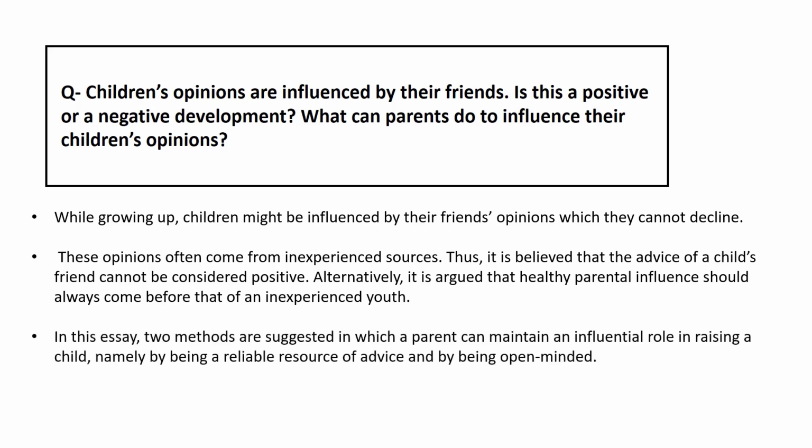In my thesis, in this essay, two methods are suggested in which a parent can maintain an influential role in raising a child, namely by being a reliable source of advice and by being open-minded. In my thesis, I showed how parents should have this healthy influence on their children. This will be through 2 points: being a reliable resource of advice and being open-minded. So these 2 points will be discussed in both body paragraphs.